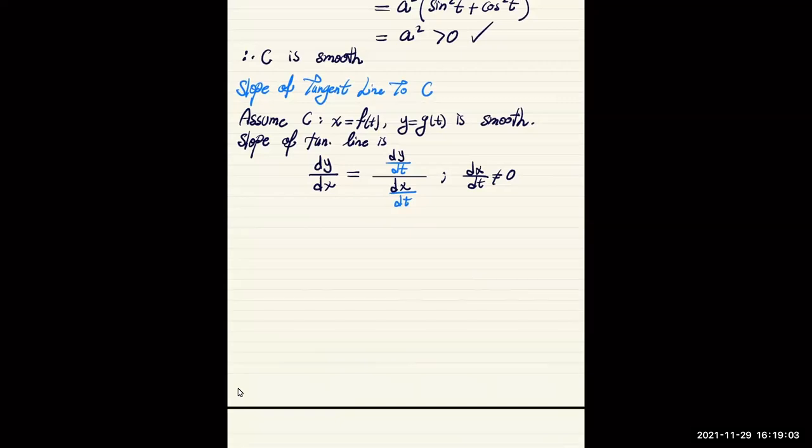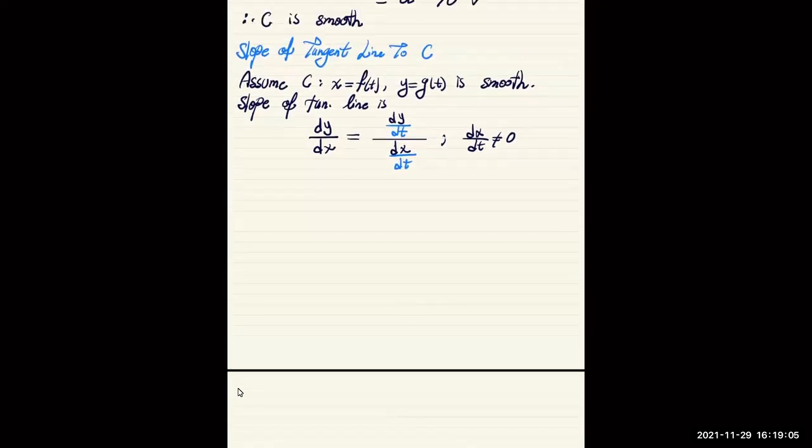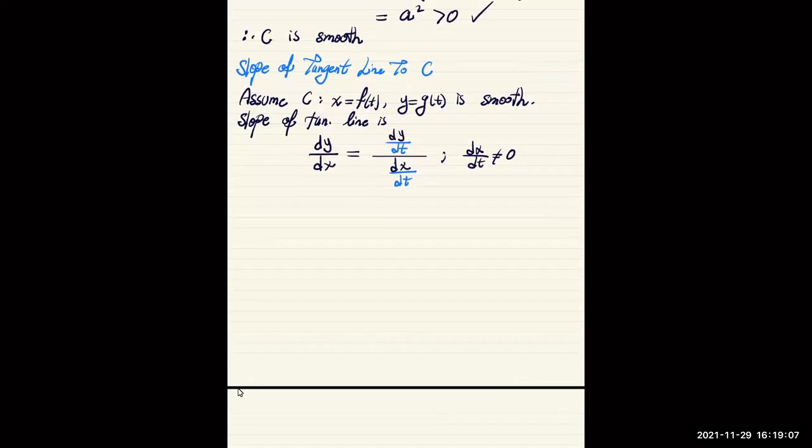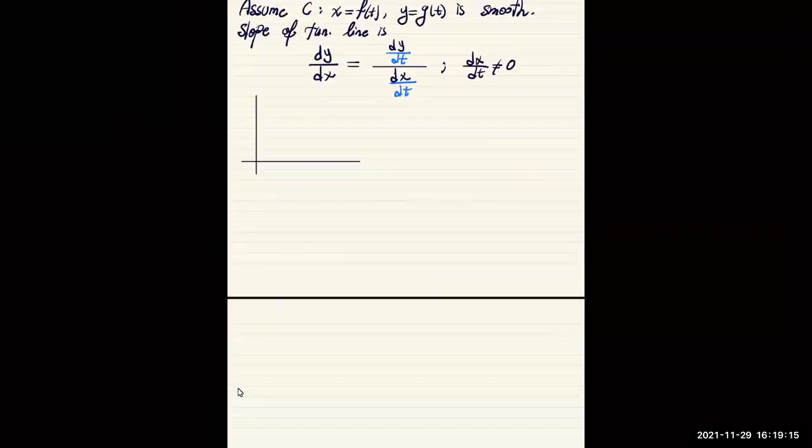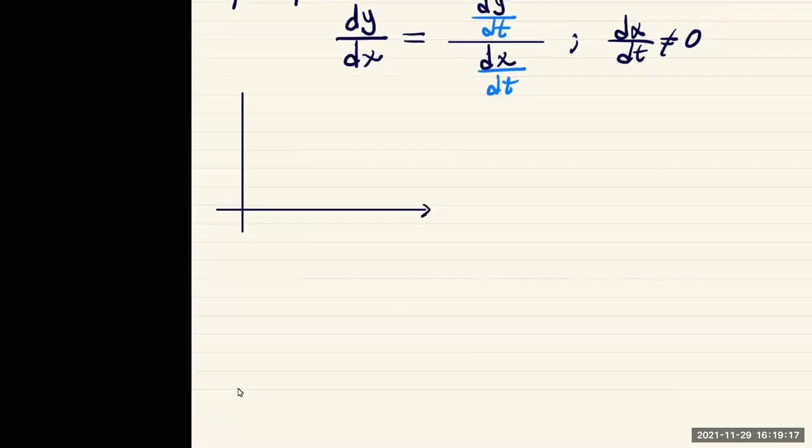When there is, let's say, a particle moving in the two-dimensional space. Okay, so this is x and y, and again, there is no t that can be graphed. Let's say this is the movement of the particle, going this way.